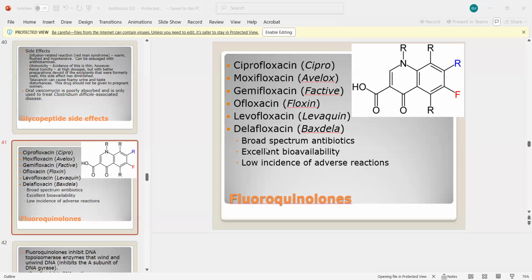Which antibiotic is very effective against Pseudomonas pneumonias that you see in cystic fibrosis patients? And no, I won't give you multiple choice on that.